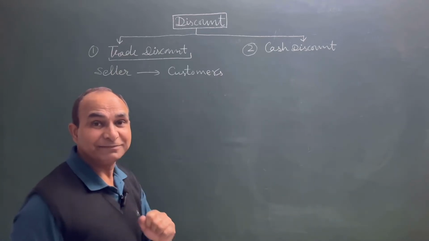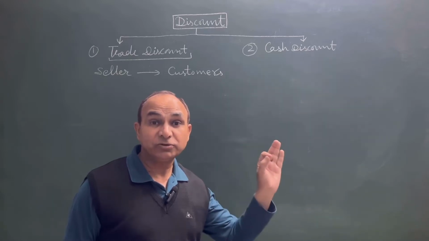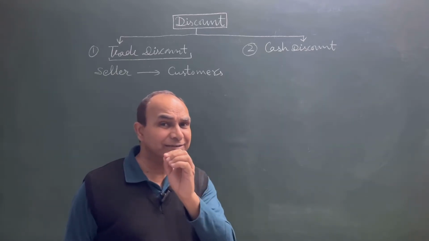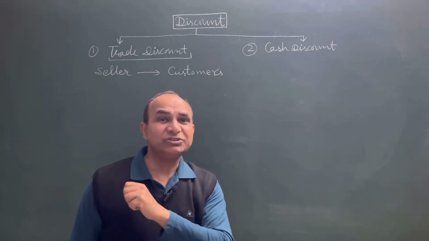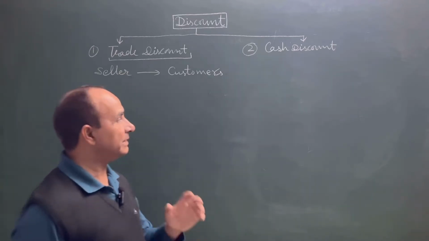And remember one thing, trade discount is neither a loss to the businessman nor a gain to the purchaser of the goods. Why is it so? I tell you with the help of an example. Just see.